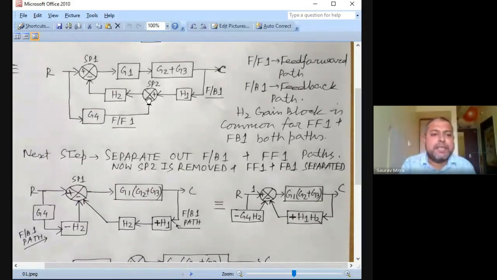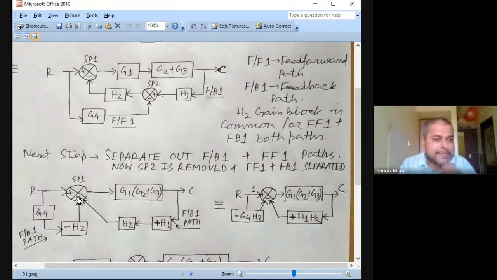If you are separating it out, what you are finding is from R a path coming with G4H2. So from R is coming a path with G4 and minus H2 given to minus. Or you can say G4H2 given to plus. Why have I kept this minus? Because this minus sign is common for feedback path 1 and feed forward path 1.